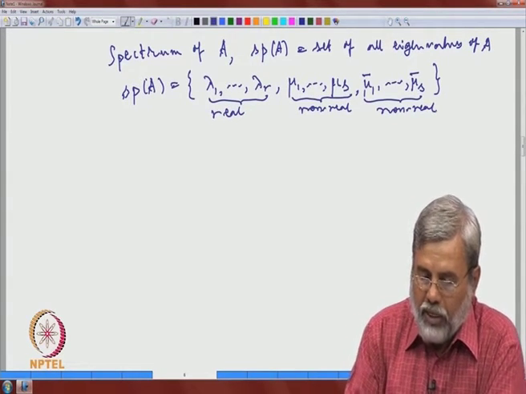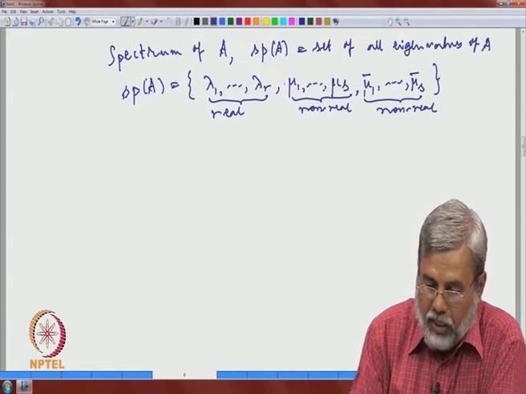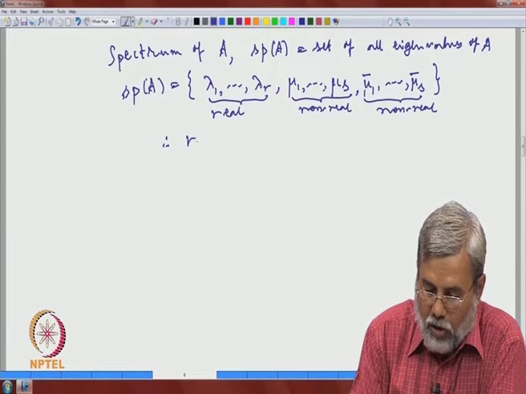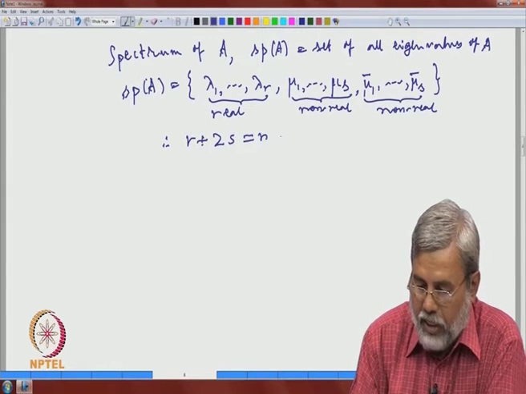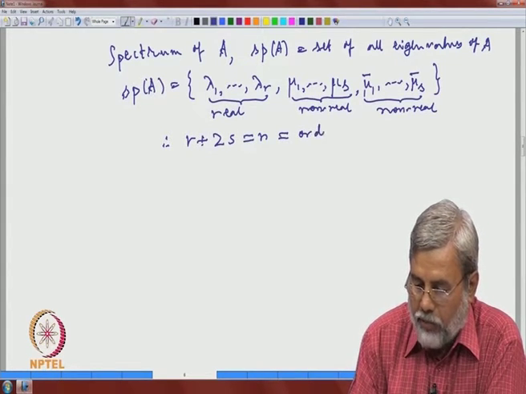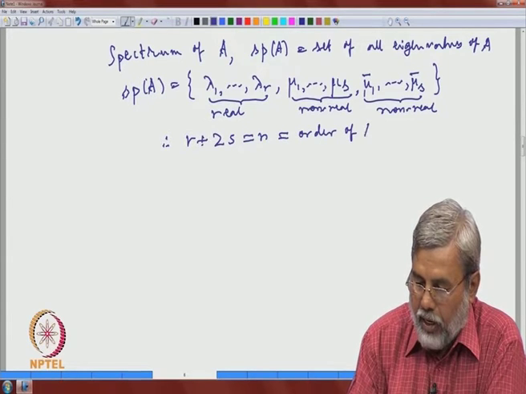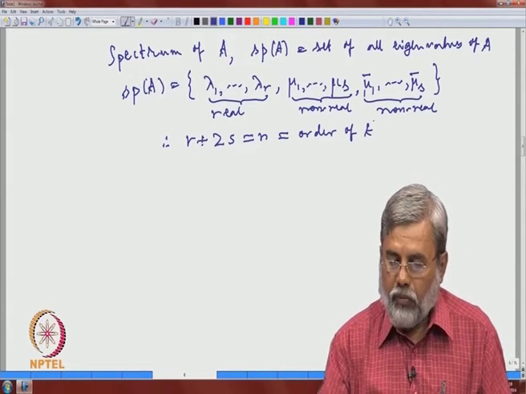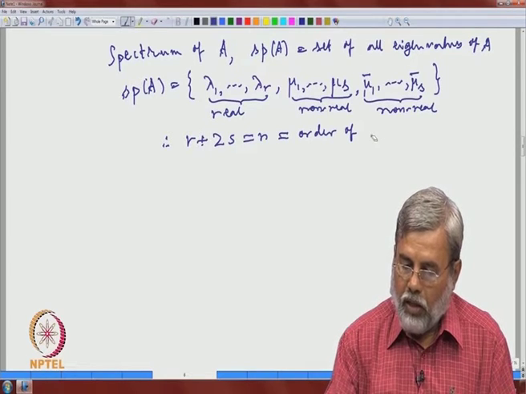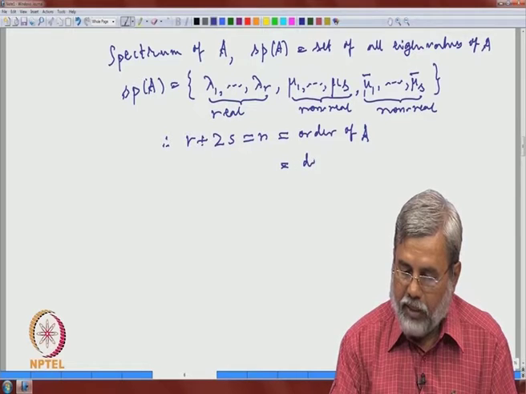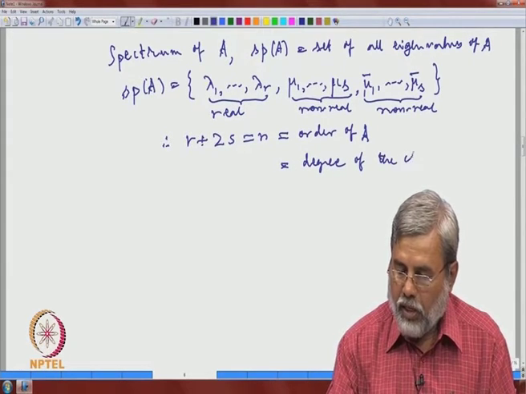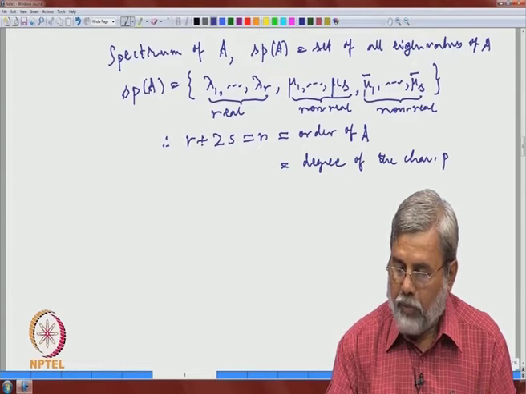So, the total number, because we are counting multiplicity, is r plus 2s equal to n. So, this is the order of A, and this is also the degree of the characteristic polynomial.